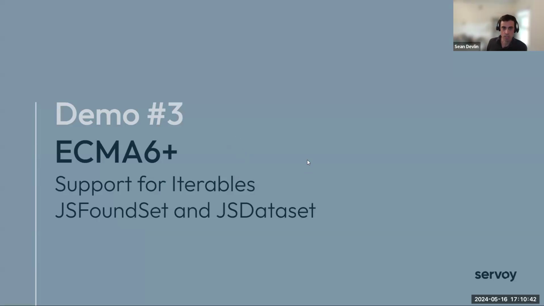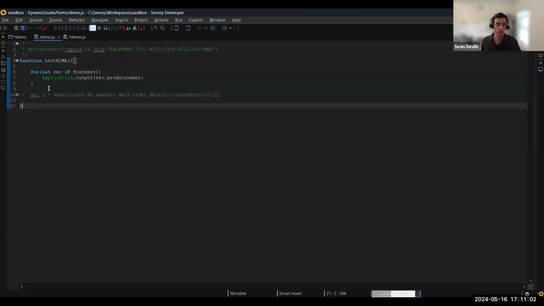Iterables are a kind of object in later versions of JavaScript that you can use in for loops directly. So we have iterable objects like JS found set, view found set, data sets, and I'll show quickly what that looks like in the IDE. So switching back to here. I have this typed out right now.